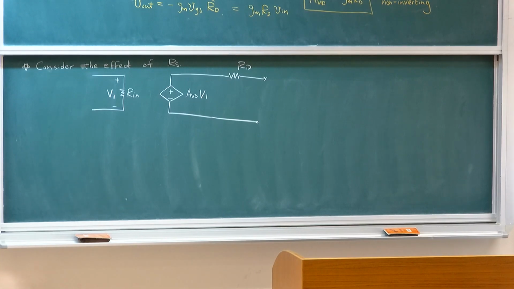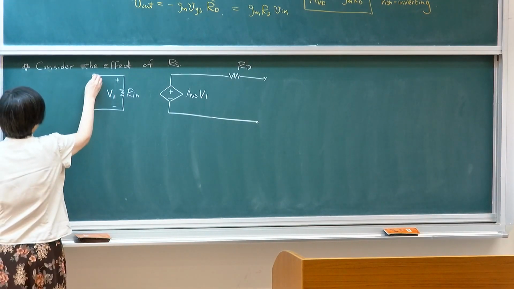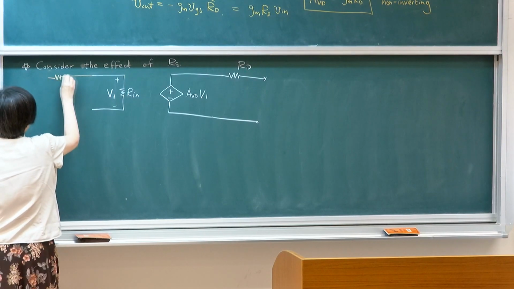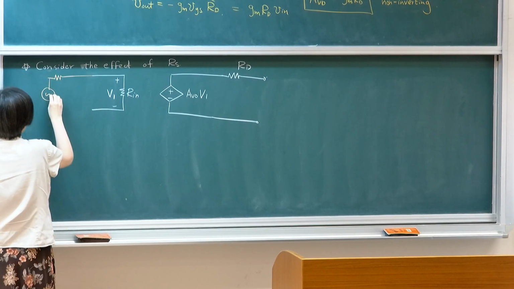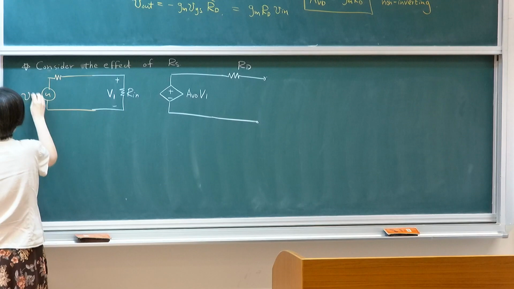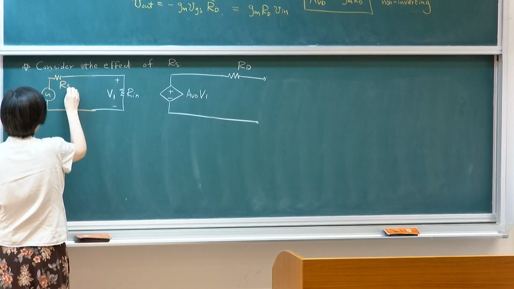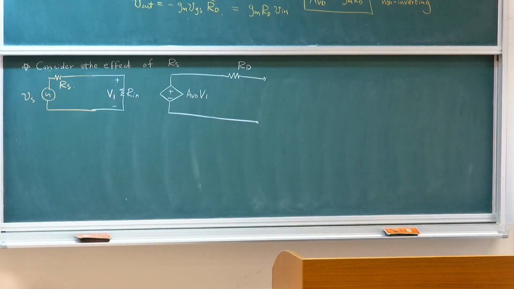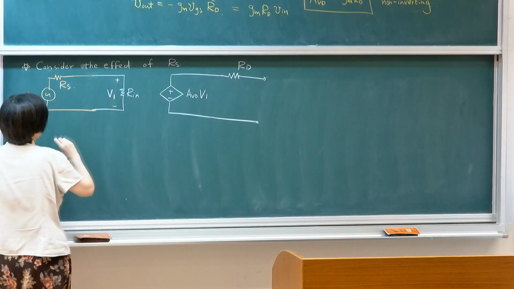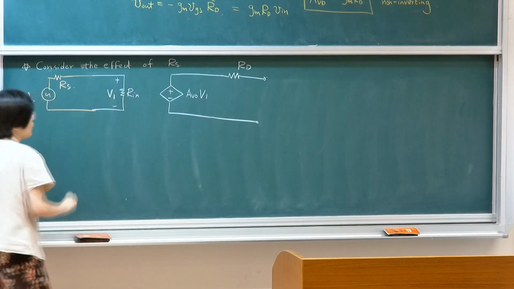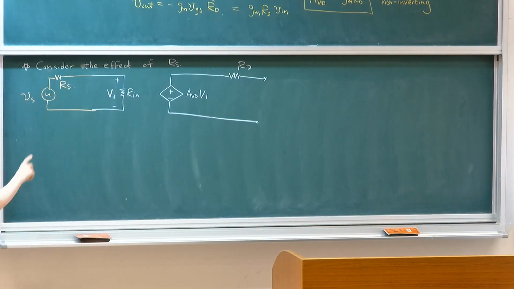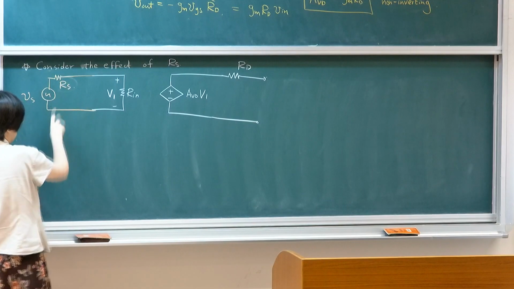So if I'm having a signal source, instead of an ideal voltage source, the source signal comes with a source resistance. Anytime you have source resistance, the impact will change. It will affect your voltage gain. Let's look at what its impact on voltage gain is if the source resistance is incorporated.